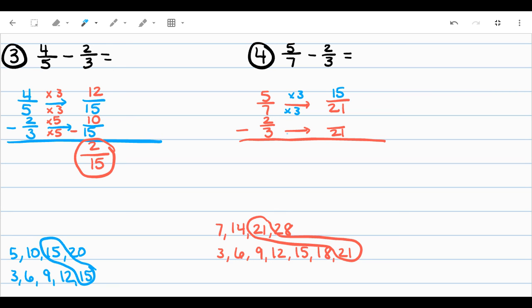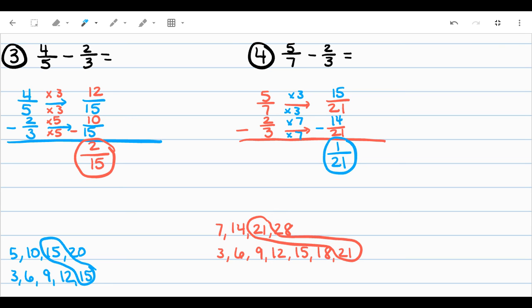Well, I did 3 times 7 to get 21, so 2 times 7 equals 14. Now I'm subtracting 15 21sts minus 14 21sts. I'm going to keep the denominator the same and subtract our numerators. 15 minus 14, which is just 1, and 1/21 is the simplest form.